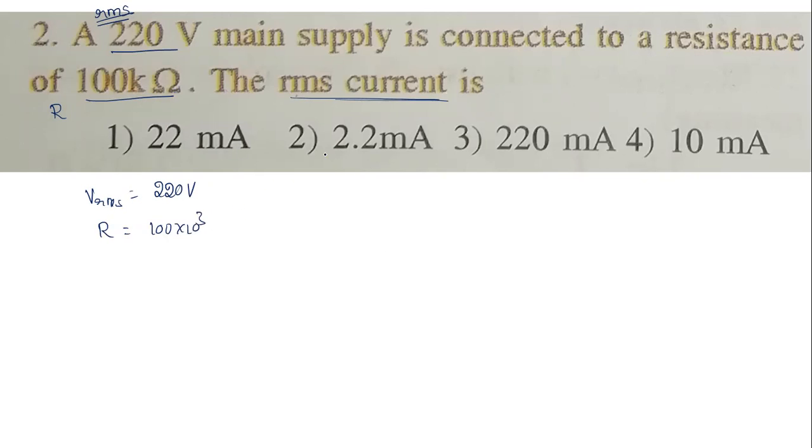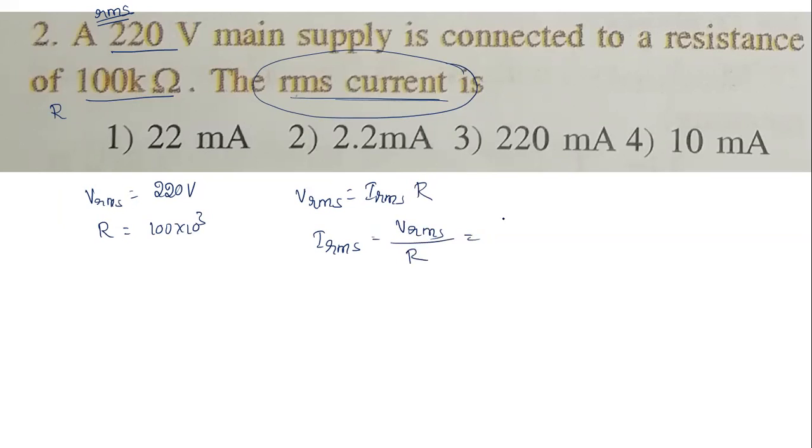So we want to find the RMS value of current. What is the formula for V RMS? V RMS is equal to I RMS multiplied by resistance. So we want I RMS equal to V RMS by R. V RMS is given as 220, divided by R, which is 100k. This can be written as 10 power 5, and it will come to the numerator.